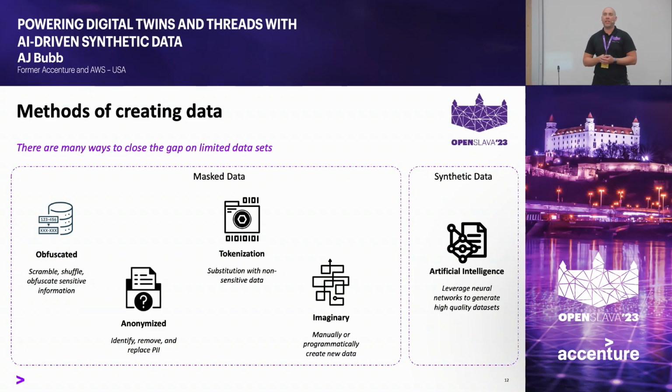We've been taking production data and trying to remove personally identifiable information or anonymize that, or build some program to just create data out of nothing. So this was really manual, it had varying levels of success, but a lot of that is changing. Now we're using artificial intelligence to generate high quality, very similar, very realistic data.